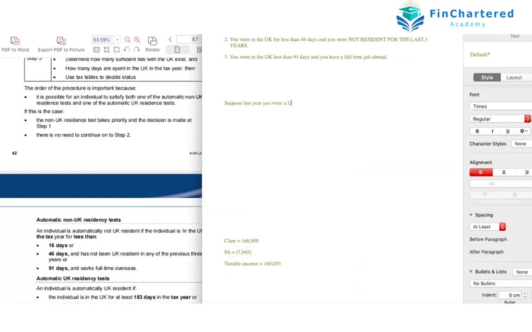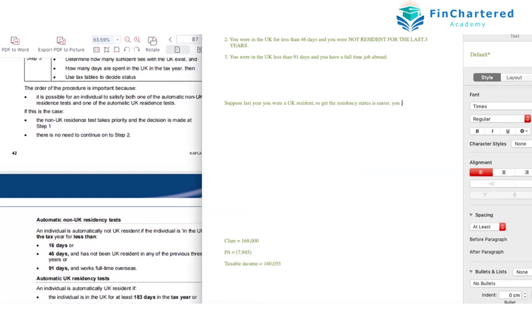Means what? If last year you were a UK resident, then to get the residency status is easier this year.